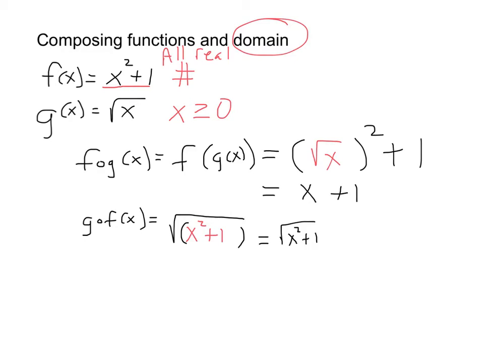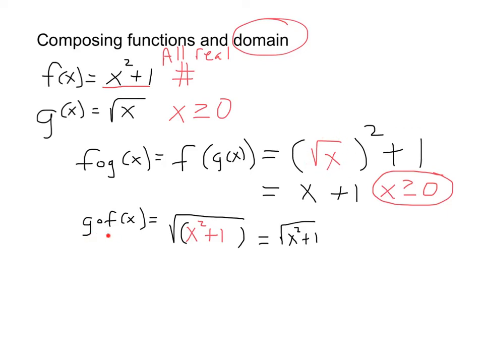So the composition here, f composed with g, also has the same domain of x is greater than or equal to 0. Does not look like it at the end. But because of how we're going to get this end result, we have to square root a number, square it, and then add 1. We cannot use negative numbers under this square root.